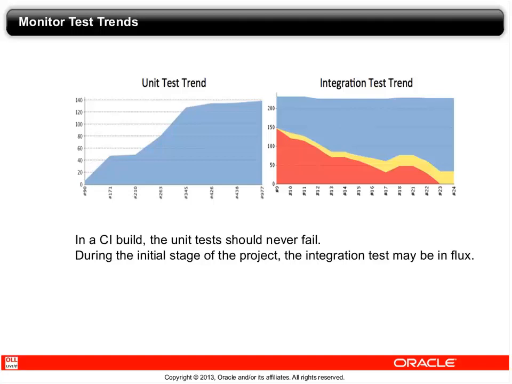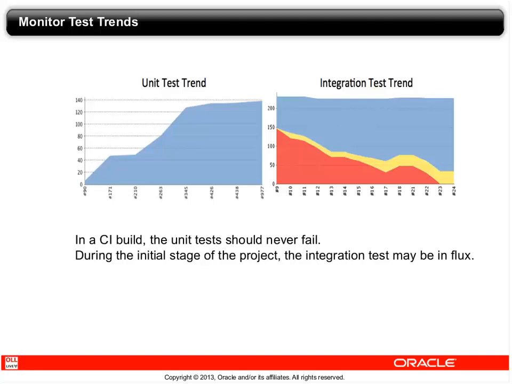On the other hand, as I said, we always split unit test and integration test into different things. A lot of times when the product is in the initial stage, the integration tests may be highly in flux, and you can see there will be a lot of tests failing. But it is okay to ignore that in the initial stage of the build, but never ever ignore unit tests failing.